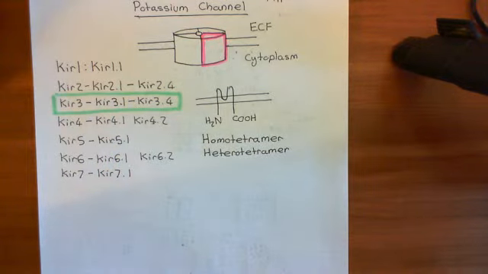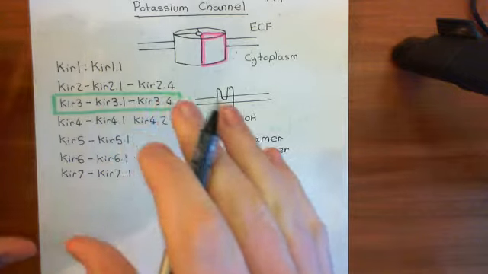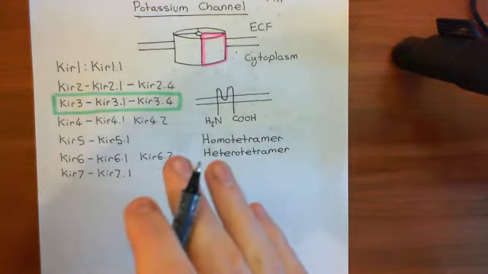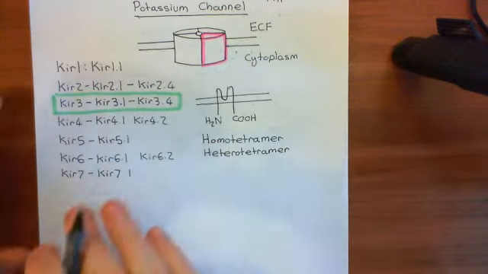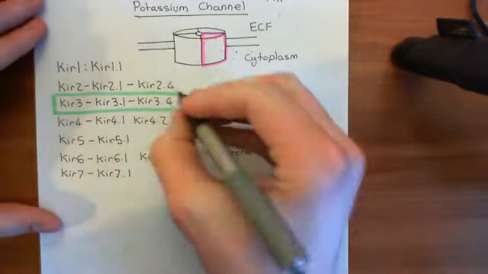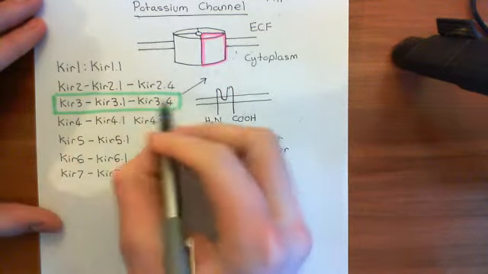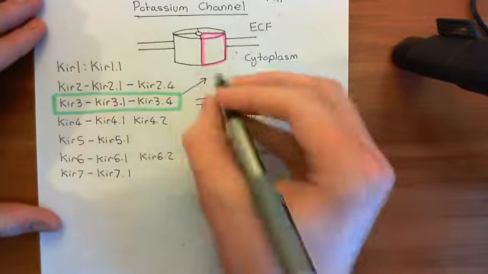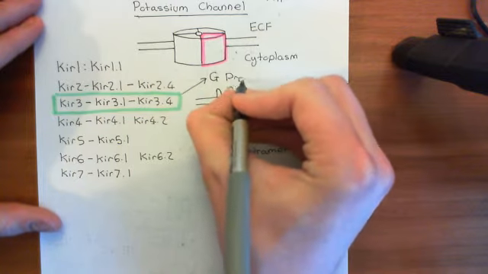Right, so these are the official names, but there are also colloquial names for inwardly rectifying potassium channels which are built out of subunits from each of these families. So for instance, the inwardly rectifying potassium channels which are built out of subunits from the KIR3 family are the G protein gated potassium channels.